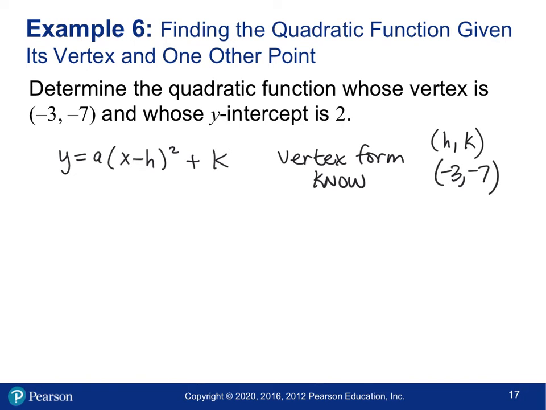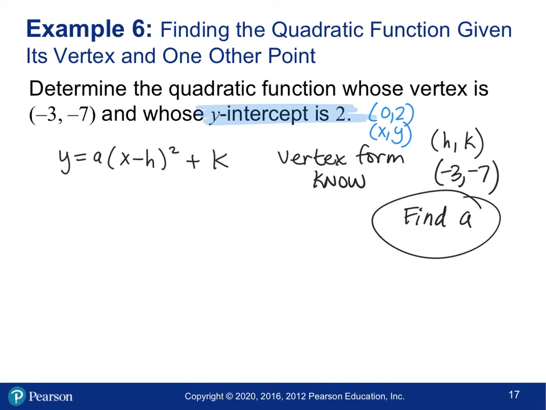Then you take the other information that they give you, which is this y-intercept is 2, and write that as an ordered pair. Okay, so that ordered pair would be 0, 2. That is our x and our y. So we're going to use all that information to find a. That's the only bit that they didn't give us.